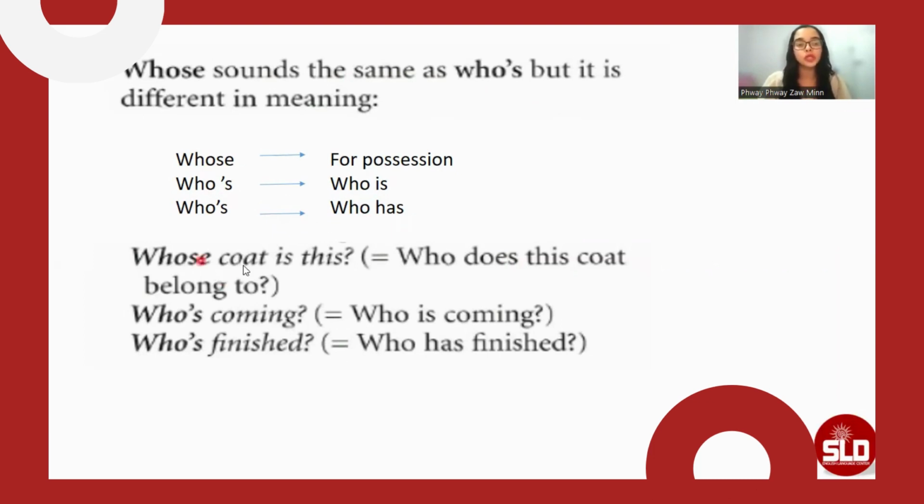So whose coat is this? It means you are asking about possession. Who does this coat belong to? Who's coming? Here you are asking about the person who is coming, or who's finished, meaning who has finished. So who is, who has. You are asking about the person, and then whose is for possession.